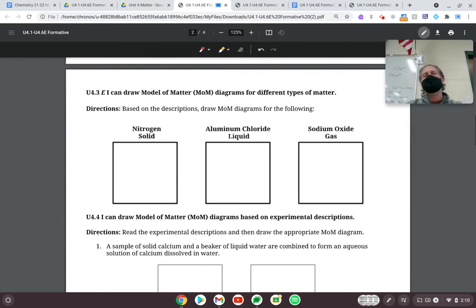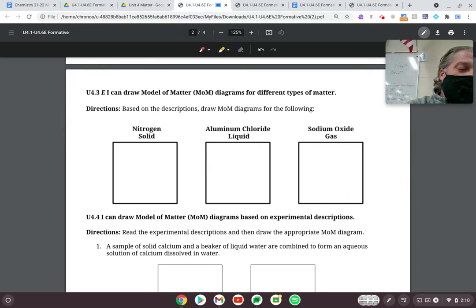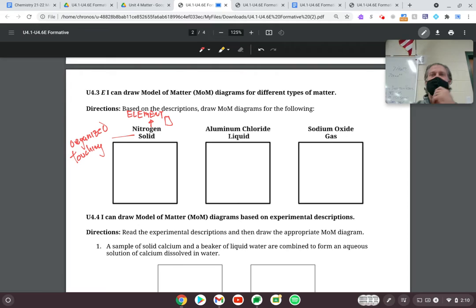The next part, you were asked to diagram different states of matter. So to refresh your memory, solids are organized particles and touching particles. So that's what your solid is. Nitrogen, in this case, happens to be an element. I know it's an element because it's just nitrogen. So I'm going to use a square to represent nitrogen.